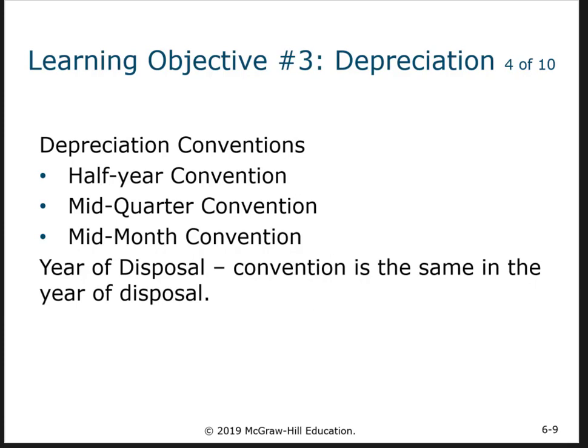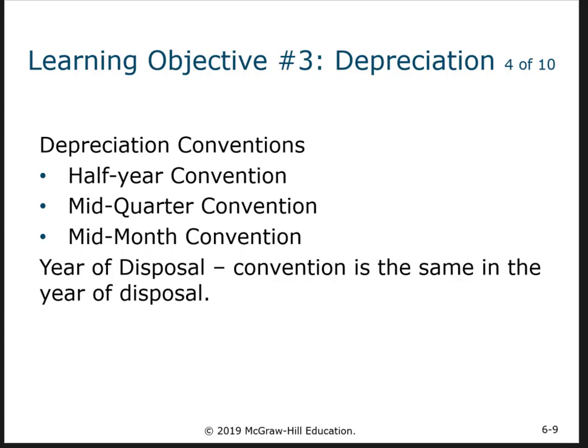We talked a little bit about the depreciation convention. You will have to make special calculations in the year of disposal, but the convention stays the same through the whole life. Once you use the half-year convention, it applies for that asset till the end. Same thing mid-quarter, mid-month. Okay?